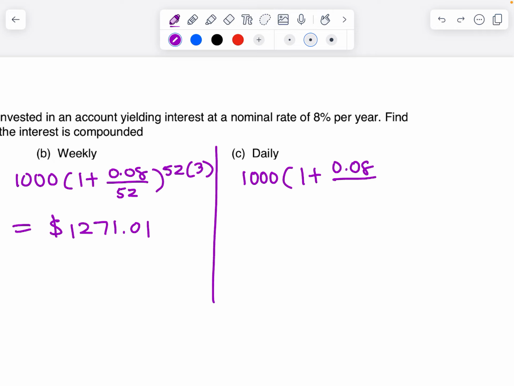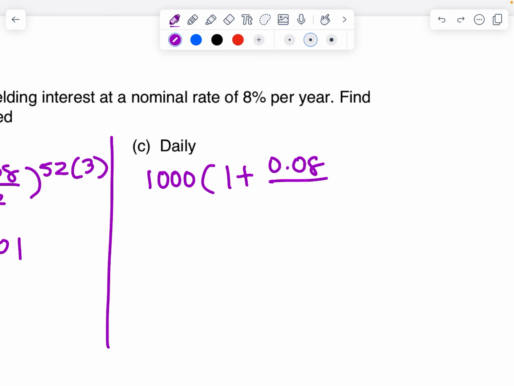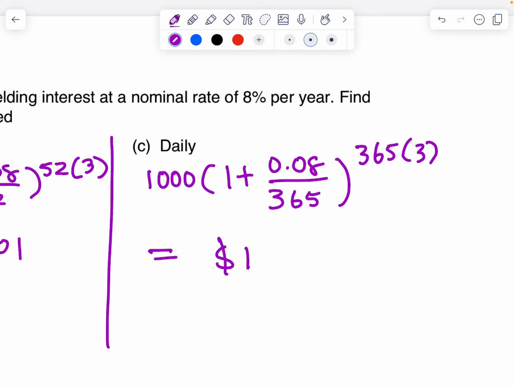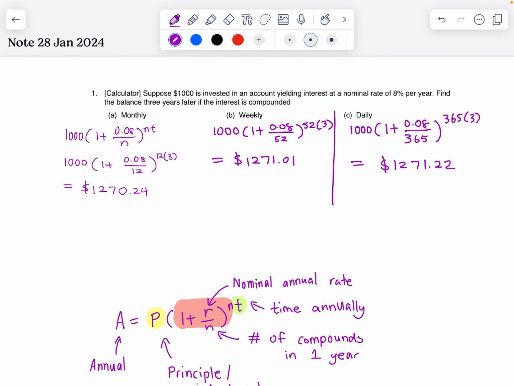So we're going to assume that there's no leap years, so just assume it as a normal year. It would be 365 days times 365 times 3. And so at the end, I should get 1,271.22.